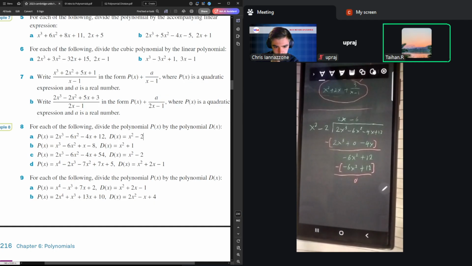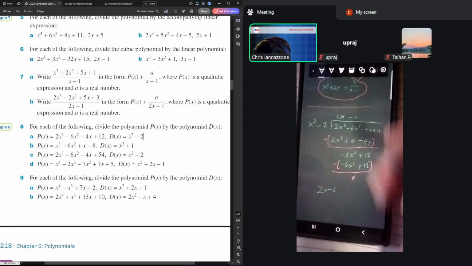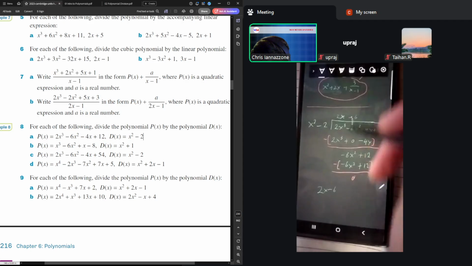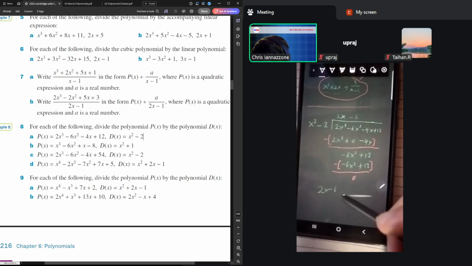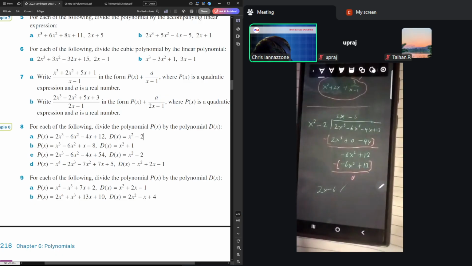Did you just write it out as 2x minus 6 since we don't have a remainder for this one? Exactly, right. So you would look at whatever this is as your first thing, the quotient, and then you would look at whatever the remainder is and do it divided by whatever you had, but 0 divided by anything is still just 0, so it's not going to go there. And that's your final answer.